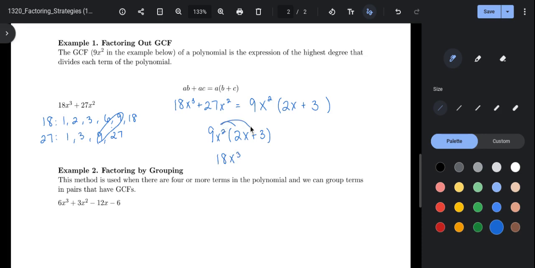And then 9x squared times 3, we get a positive 27x squared. So we got our original polynomial back, so this is the correct factorization. And you'll notice that the two factors that we have cannot be broken down into any smaller degree.